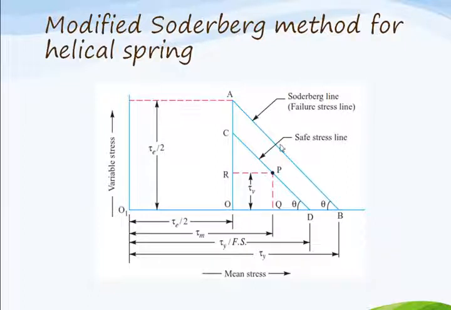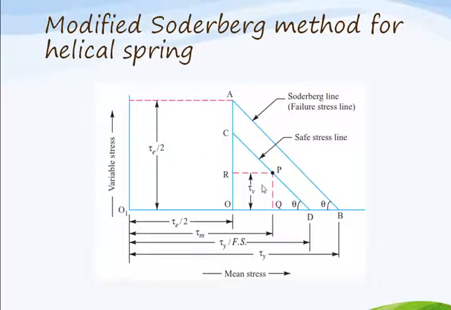By considering the factor of safety to the yield point, we get this point D. If you draw a line parallel to the Soderberg line, we get the line CD.